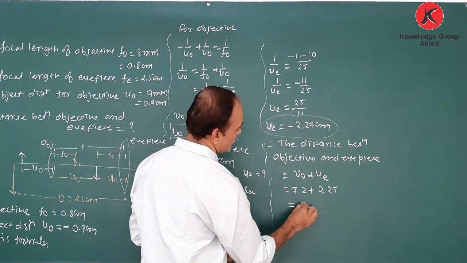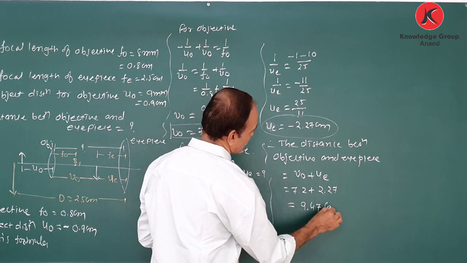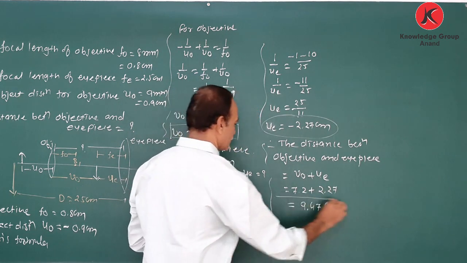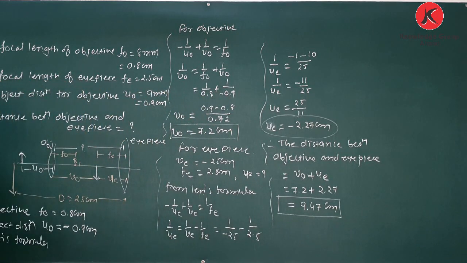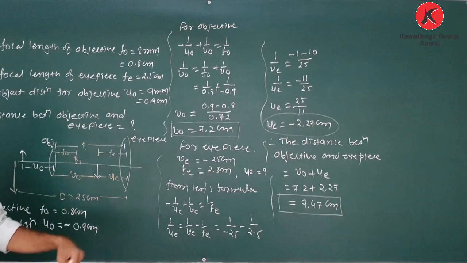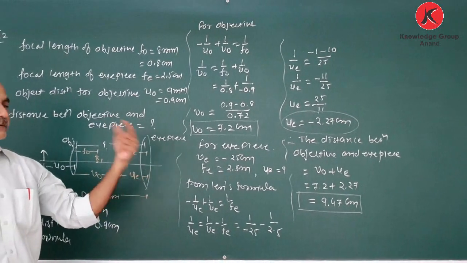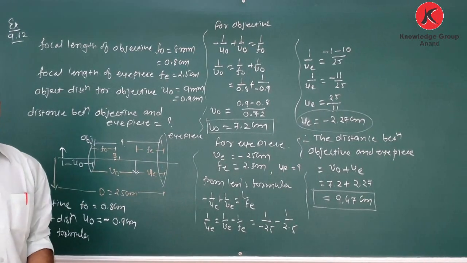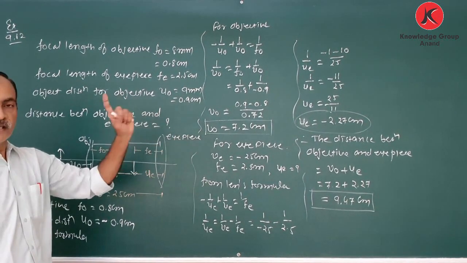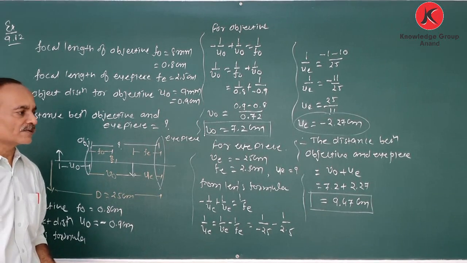Therefore, 9.47 centimeter is the separation between the two lenses. Is this clear? So that is the same numerical as 9.11. In 9.11, the separation between the two lenses is given. We have to find out the magnifying power and also the position of an object. Here, the position of an object is given, we have to find out the separation between the two lenses.